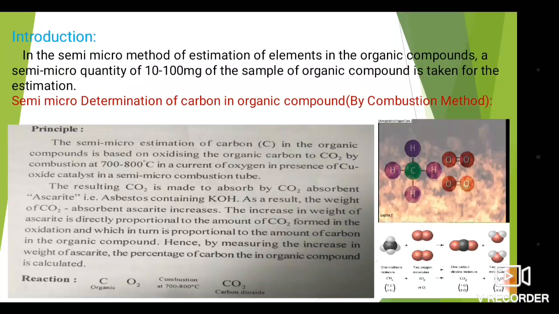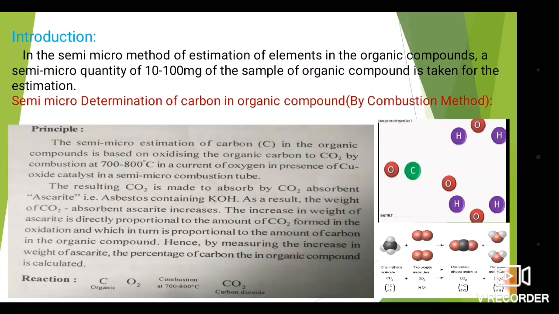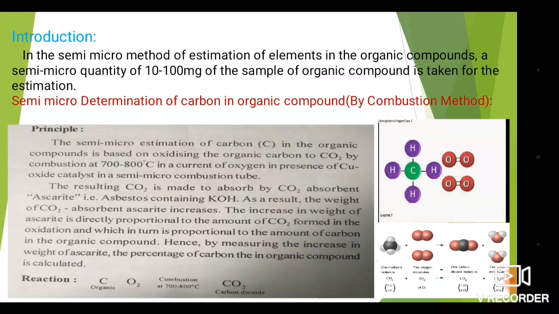So we are going to combust the organic compound containing carbon into carbon dioxide in the presence of oxygen at a temperature of about 700 to 800 degrees Celsius in the presence of copper oxide catalyst in a semi-micro combustion tube. So we will get the carbon dioxide.